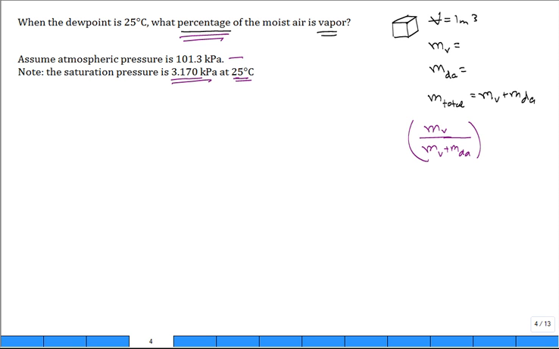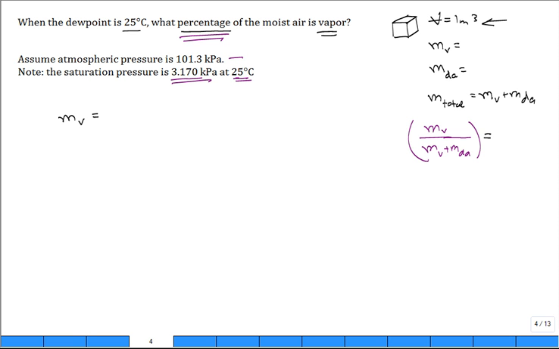All right, so we want to calculate this ratio, this mass fraction. What is the mass of vapor that's confined to a room of volume 1 cubic meter when it has the dew point temperature of 25 degrees C? That's the first thing. Calculate the mass of vapor in 1 cubic meter. So how would you do it? You would assume it's ideal gas.